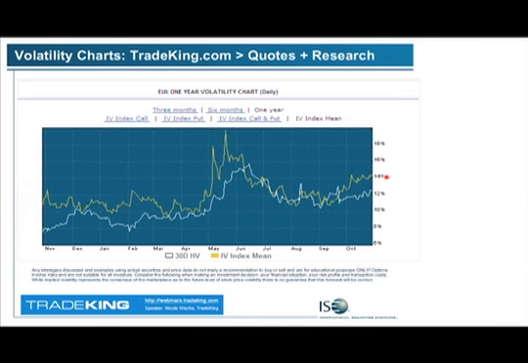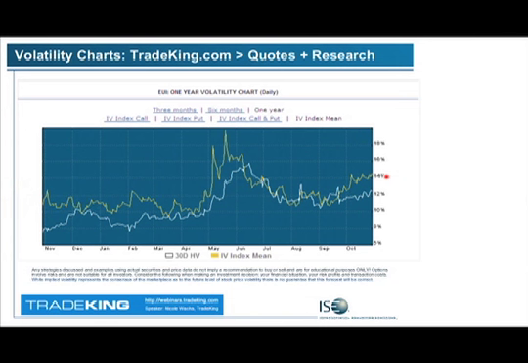For me personally, I don't put a lot of weight on the difference between the historical volatility and the implied volatility. I know some traders really like to focus on that. For me, it's more about where the volatility has been and where I think it's going, and also what the absolute volatility number is.